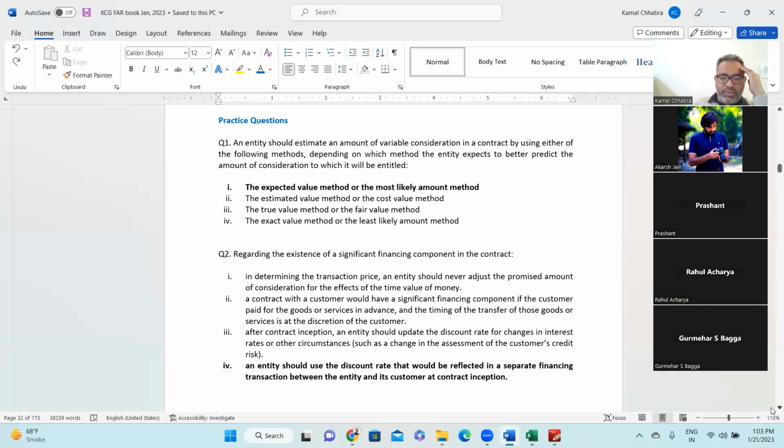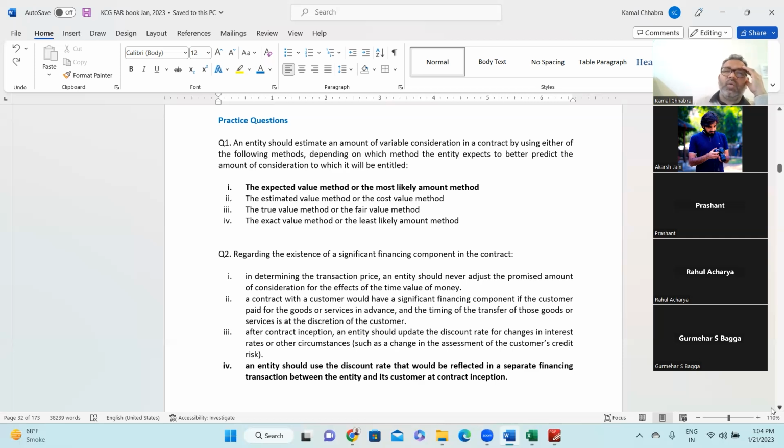After the contract inception, that means you already entered into a contract. An entity should update the discount rate for change in interest. For example, there was a $10,000 product which you have given to the customer at a $1,000 discount, and the customer agreed to pay $9,000 along with, let's assume, 5% interest over the period of 12 months on an EMI basis.